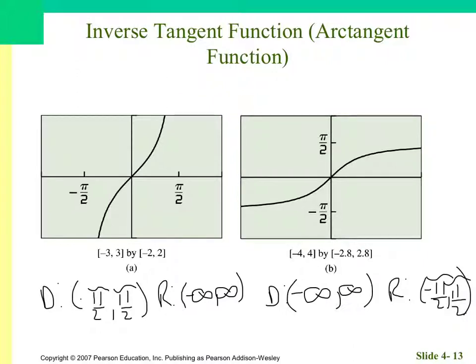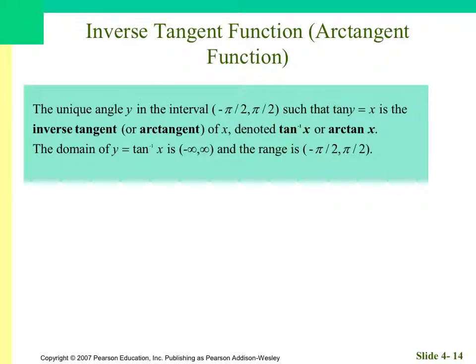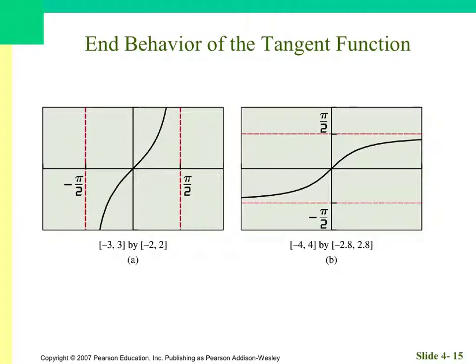Now this one has an end behavior because it goes to positive and negative infinity. You can see what it is: it's either negative pi over 2 or pi over 2. And see end behaviors.